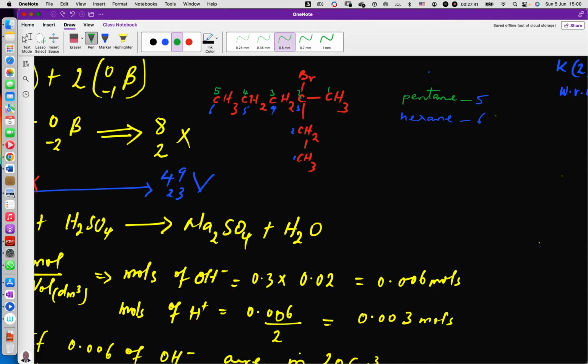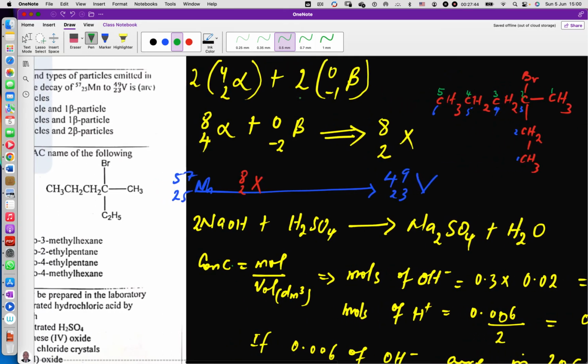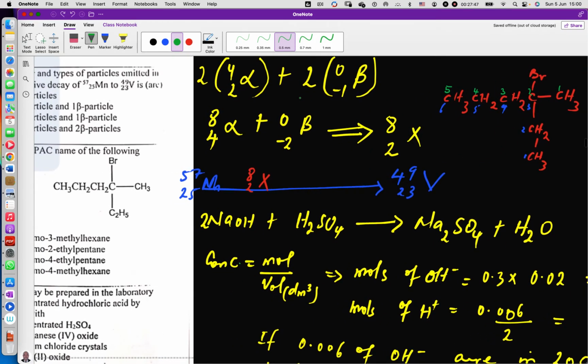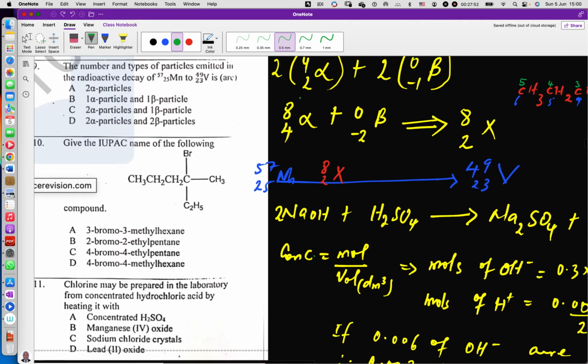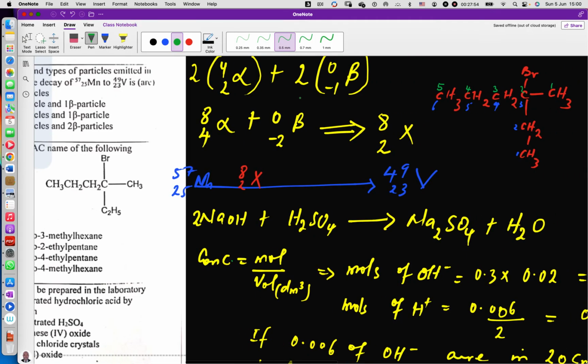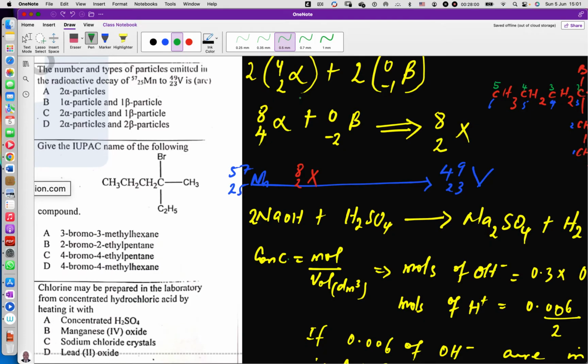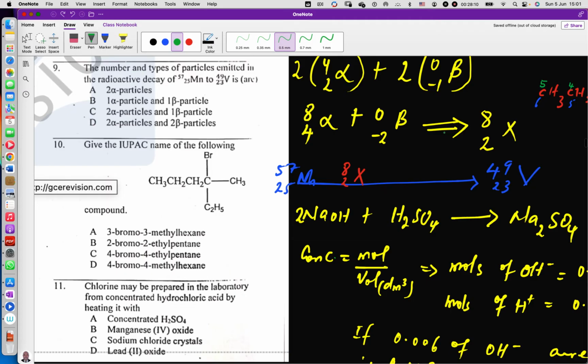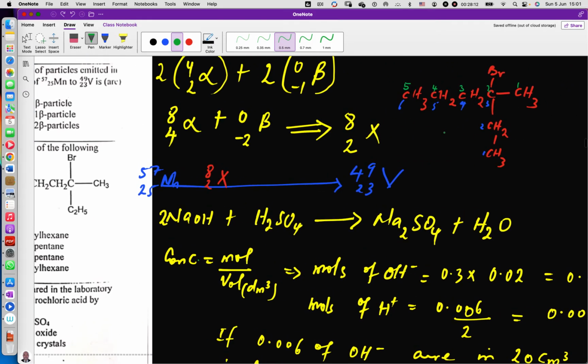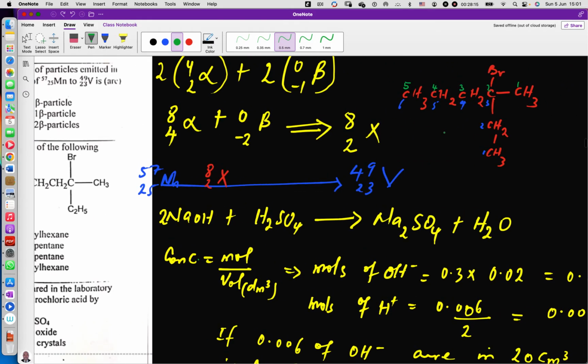So if we go back to our compound, 3 bromo, 3 methyl hexane, I said it is 3 bromo because it is on the third carbon atom. 3 bromo, 3 methyl hexane.